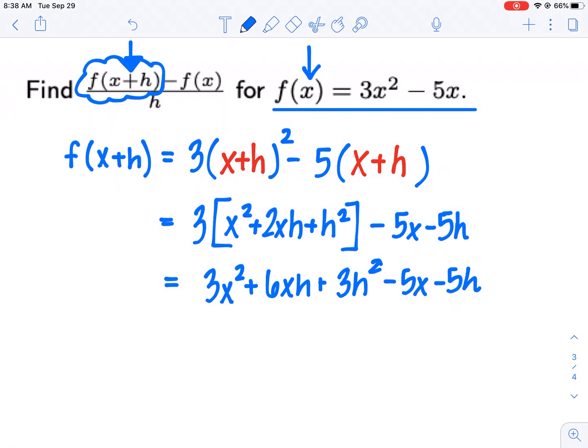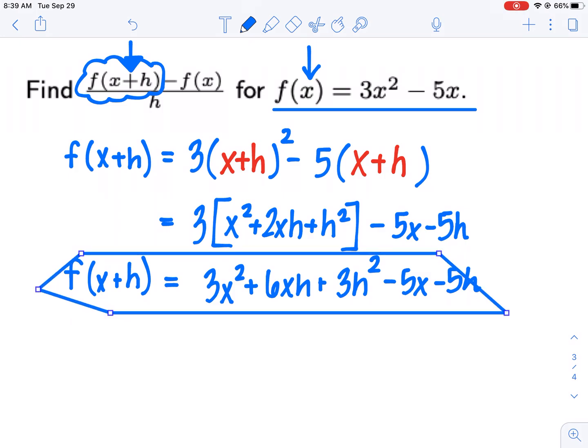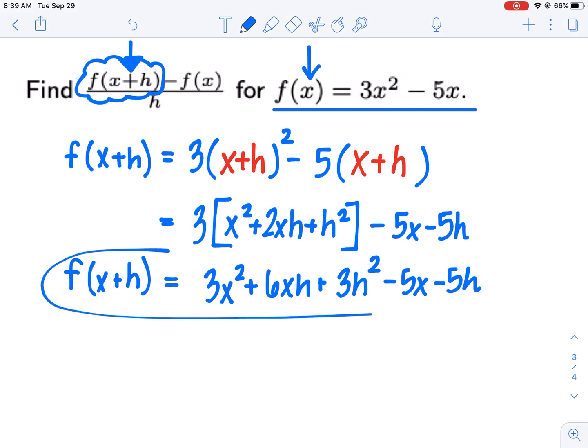And I'm going to look, can I combine any like terms? No, sadly I can't. So this portion right here, I'm going to replace this, oh golly, in the original function.